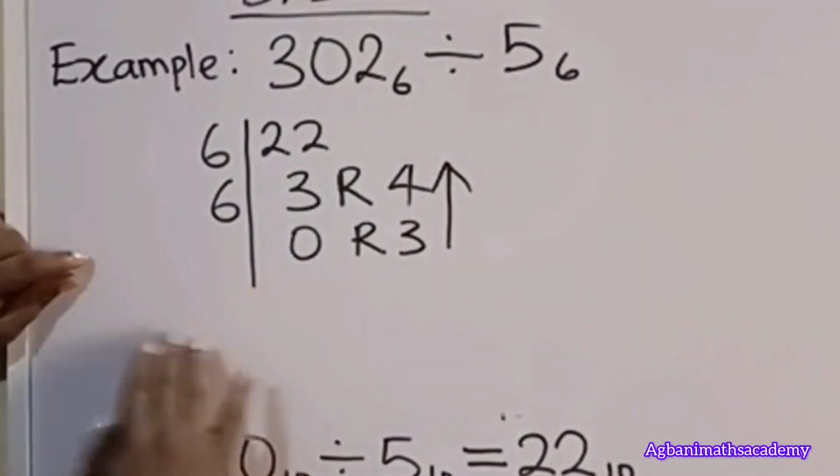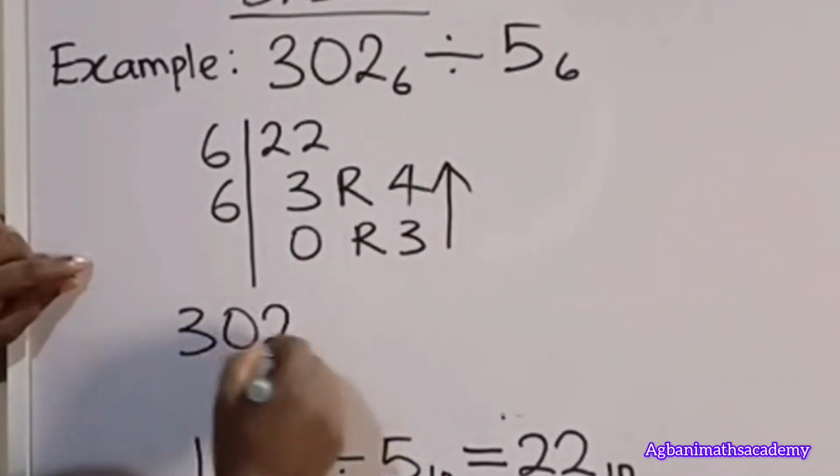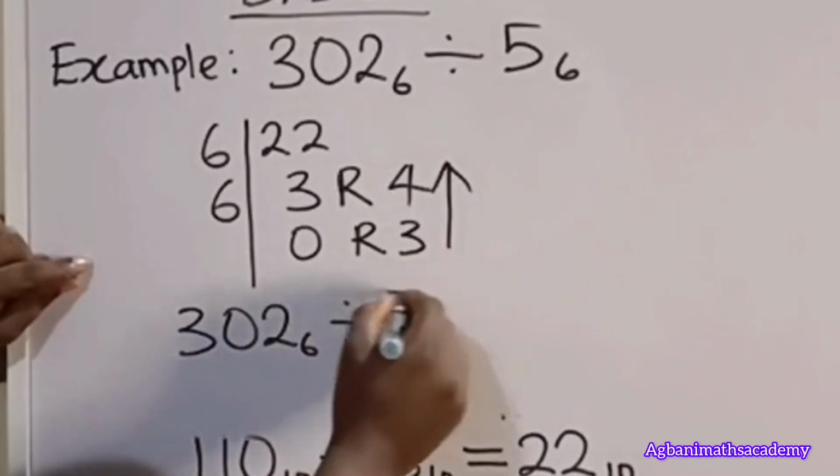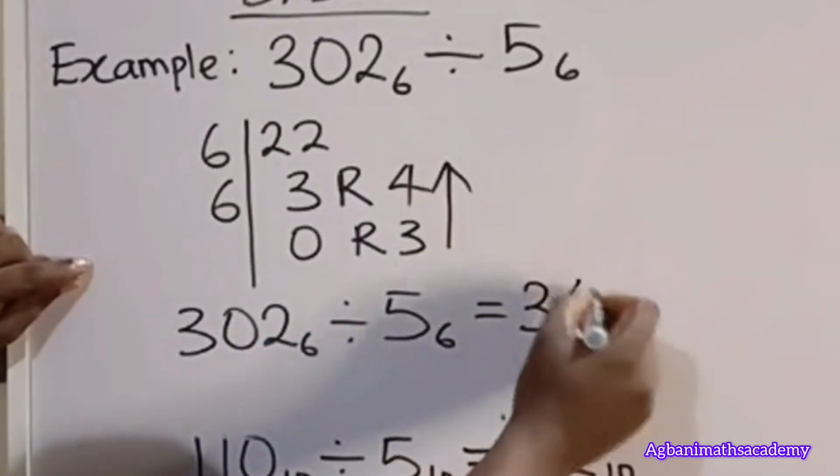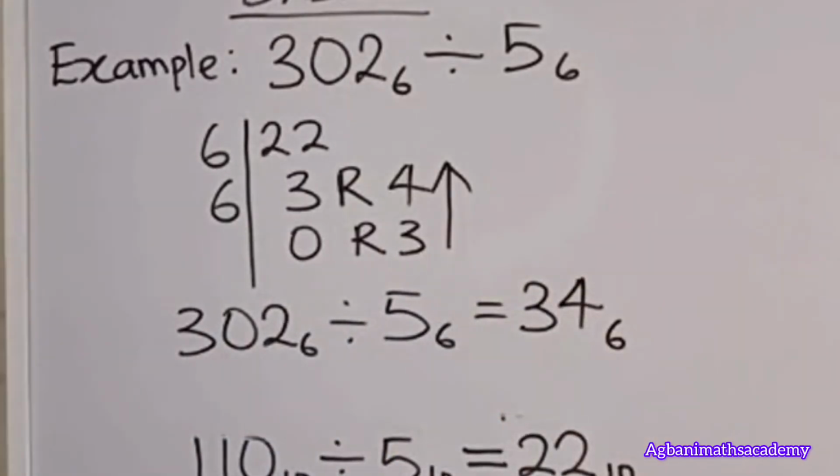Therefore, we can simply say 302 base 6 divided by 5 base 6 is equal to 34 base 6. That gives us our answer. So we converted the values to base 10, divided them, and then brought them back to base 6. That's a simple procedure. We're going to do one more question and then we are done with today's class.